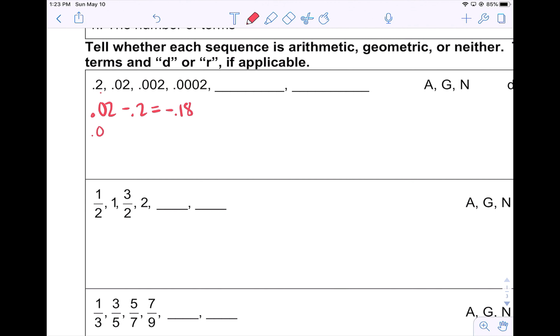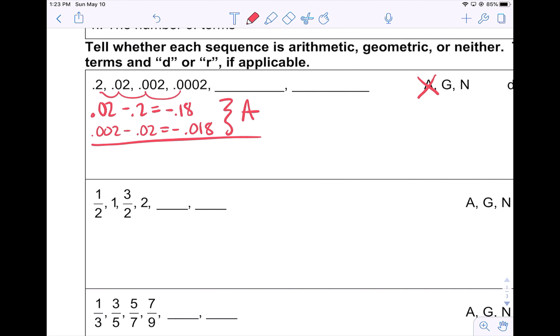If I take the third term and subtract the second term, it's negative 0.018. So this is not going to be arithmetic because I am not adding or subtracting the same amount every time. So that's how you check to see if there's a common difference.